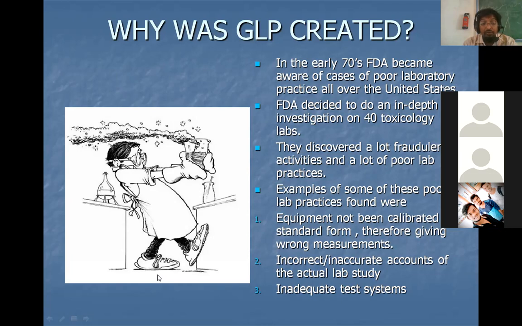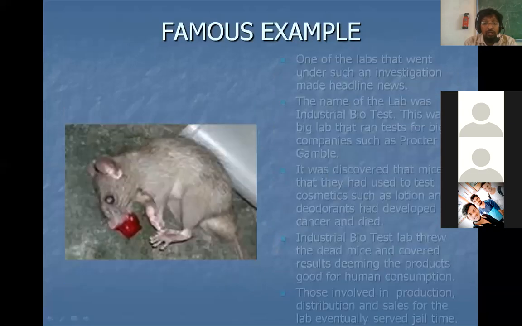This is a grave sin, a major problem. If equipment is not calibrated properly, then the measurements you take will go wrong, giving incorrect and inaccurate accounts of actual lab studies, and inadequate testing systems. So these are the issues they found in 40 toxicological laboratories.